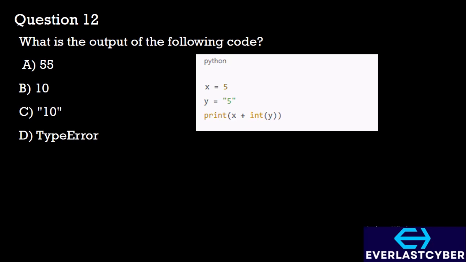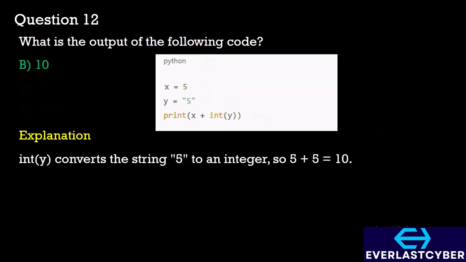The int(y) converts the string "5" into the integer. So the code x plus int(y) will perform the following calculation, where x is an integer 5 and int(y) converts the string into the integer 5, the result would be 10. So the output of the code will be 10. And that is option B.